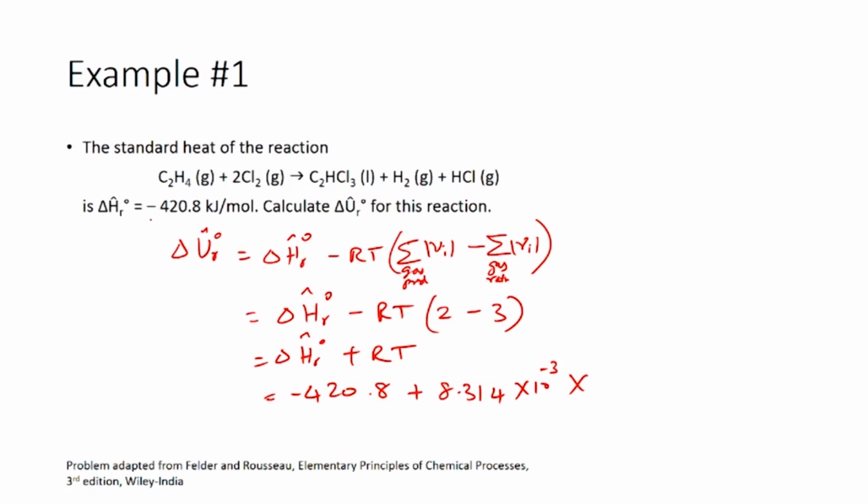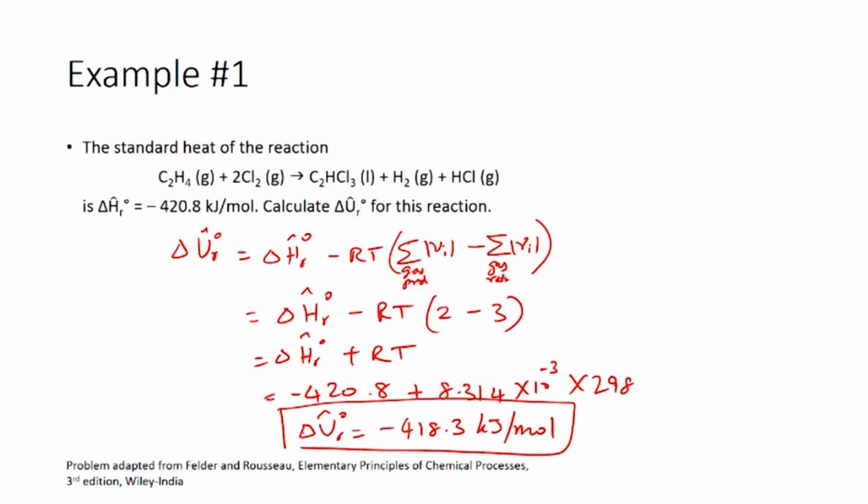The temperature for standard heat of reaction would be 298 Kelvin. So, using this we can calculate the standard internal energy change for this reaction as minus 418.3 kilojoules per mole.